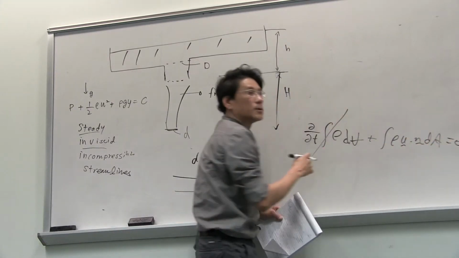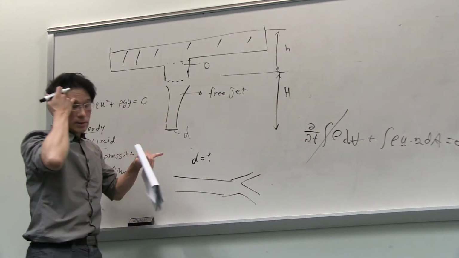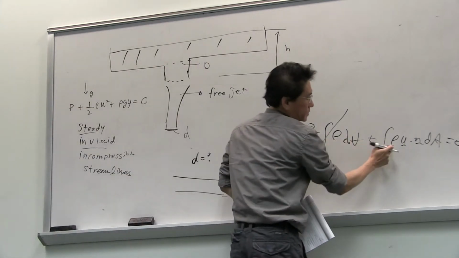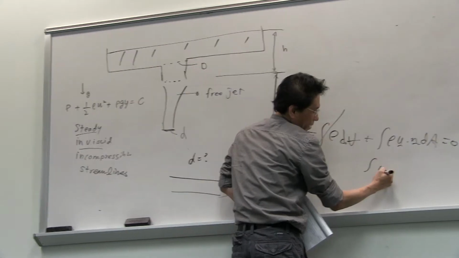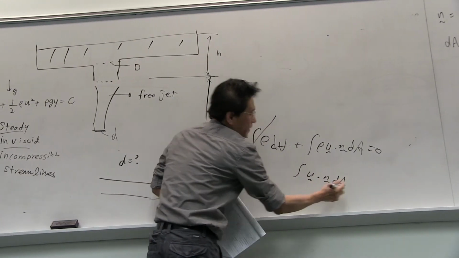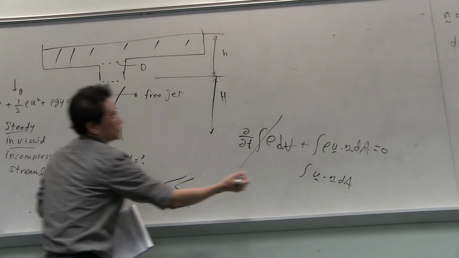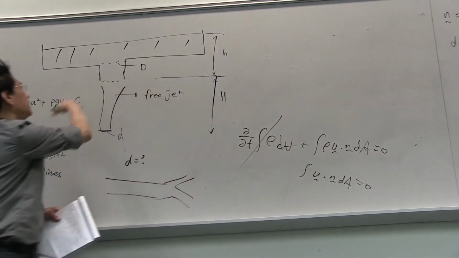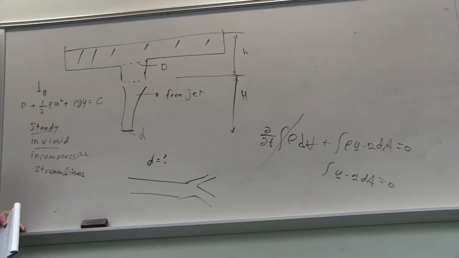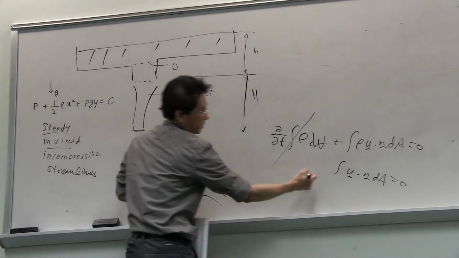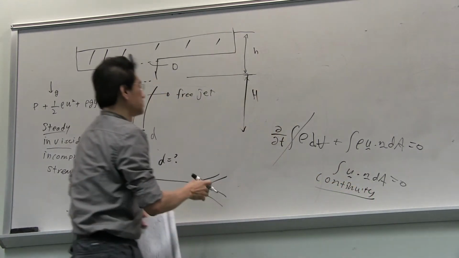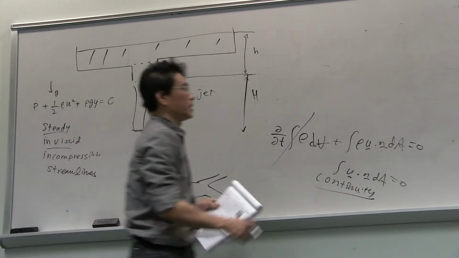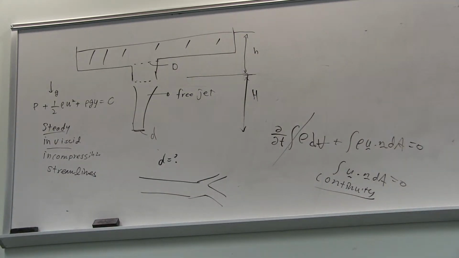Since the density is constant because the flow is incompressible, you can take the density out of the integral and it goes away, so you only get U dot n dA. If you apply this, it's just called the continuity equation. So we have two equations, Bernoulli and continuity. Okay, let's go there.